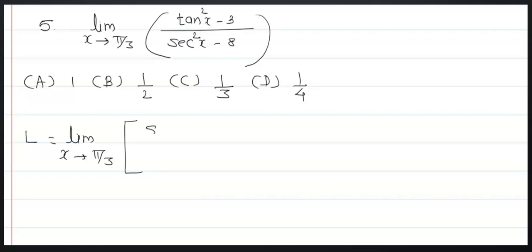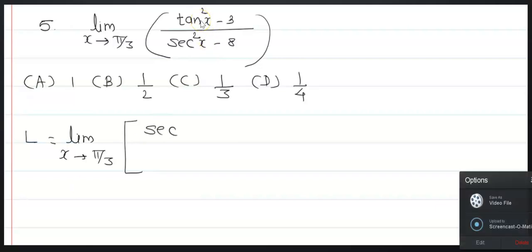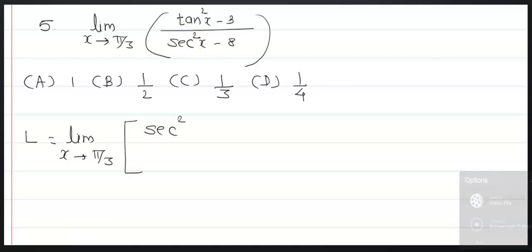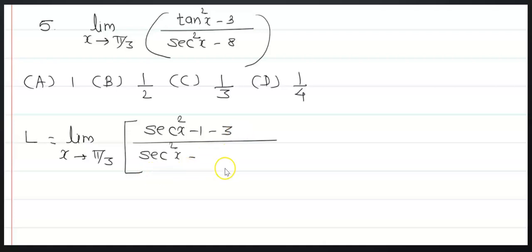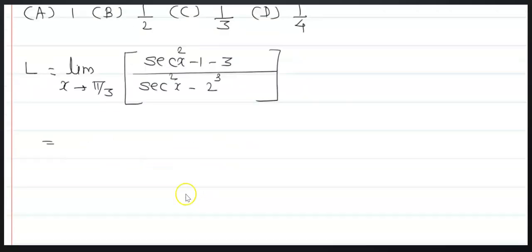Now the limit x tends to pi by 3. Now this tan square x is replaced by sec square x minus 1, and it's a minus 3 upon sec square x minus 8, or 2 raised to 3.